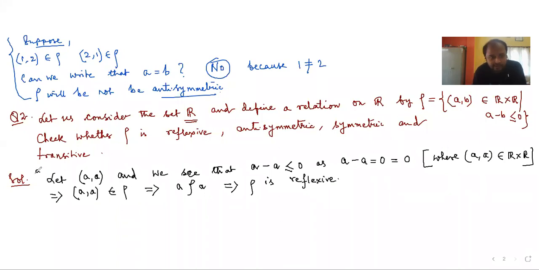So we can name it as A. Number B, antisymmetric. Let us check this property.